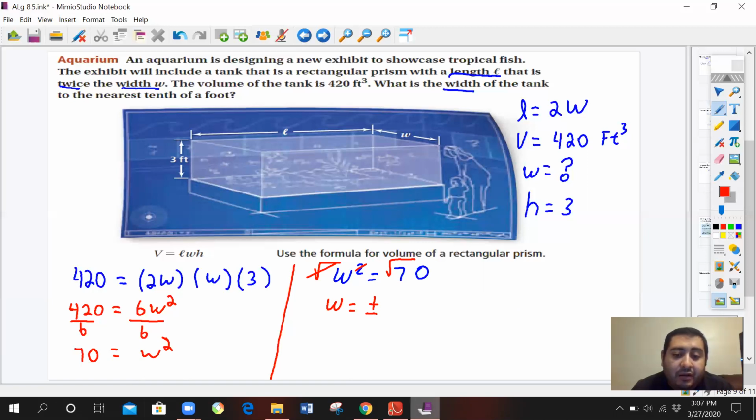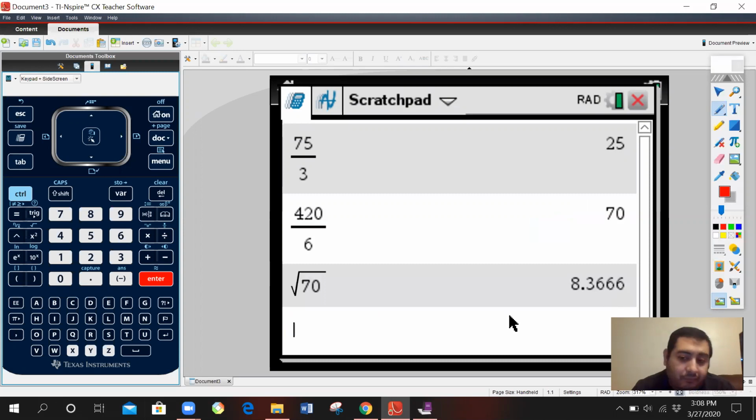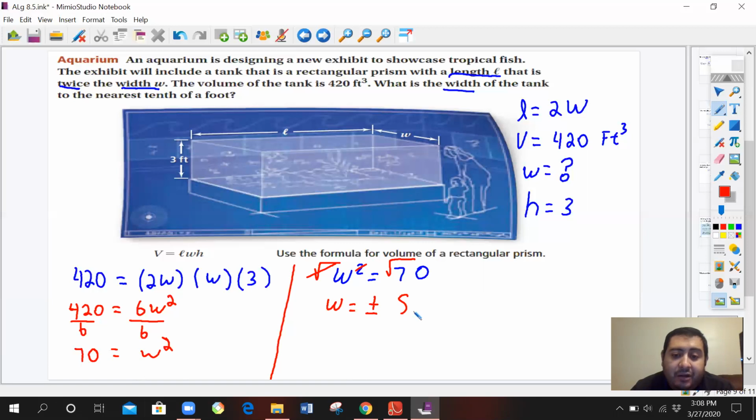Let's go back to our calculator. You press Control X squared and you put in a 70. Enter. We get 8.36. So this is like an estimate, 8.36.